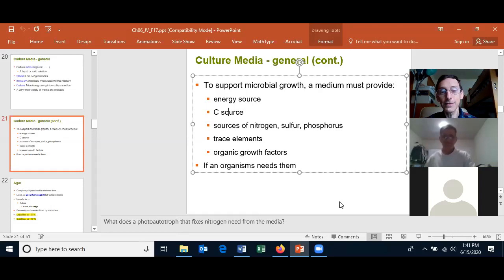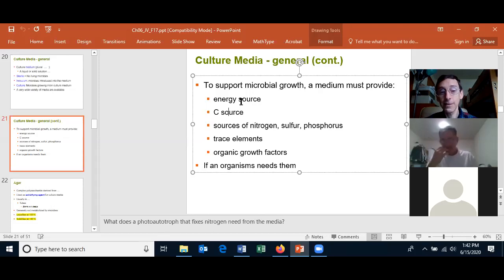Does it need an energy source? Yes, it does, but do we need to supply an energy source? It's a photoautotroph, so if it's exposed to light, we don't need to supply another energy source because it will use light as its energy source.